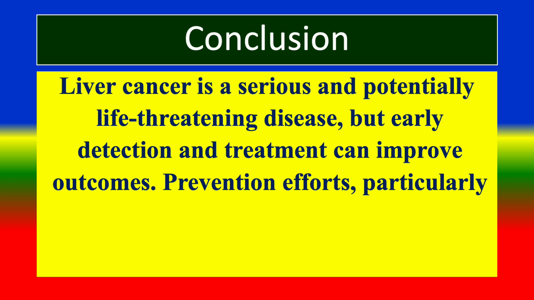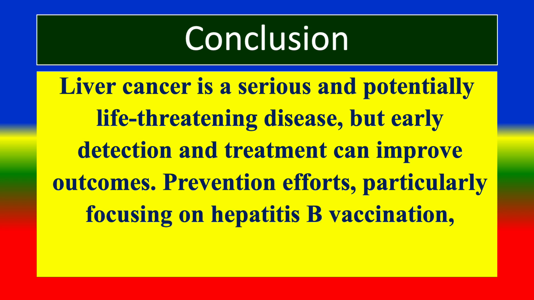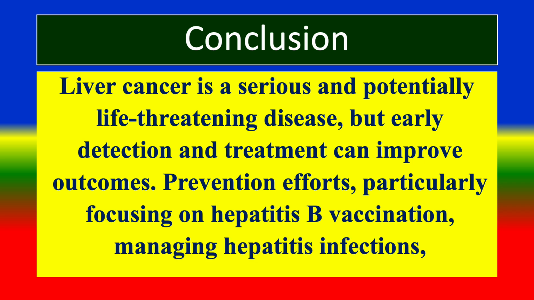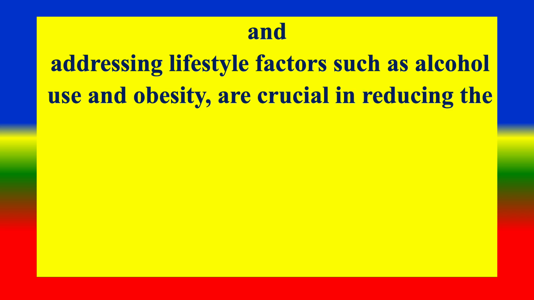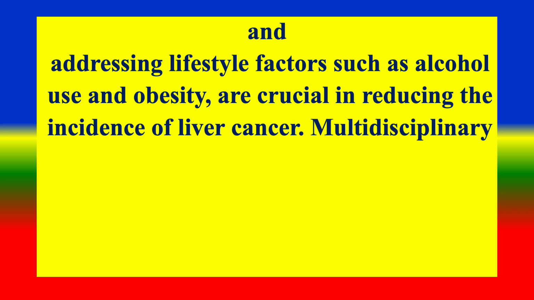Prevention efforts, particularly focusing on hepatitis B vaccines, managing hepatitis infections, and addressing lifestyle factors such as alcohol use and obesity are crucial in reducing the incidence of liver cancer.